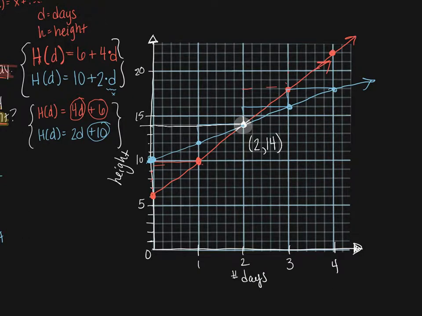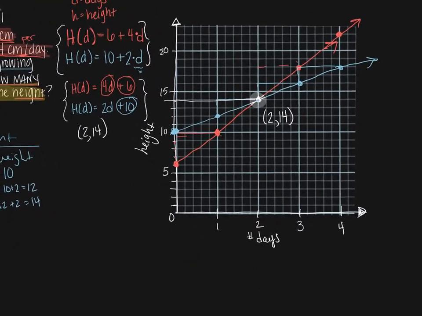All right, so let's think about what this is telling us. This is a solution to my system, first off, because the points are where they intersect. So I'm going to end up needing to plug these into each equation in my system, and see if they work. So let's do that now.